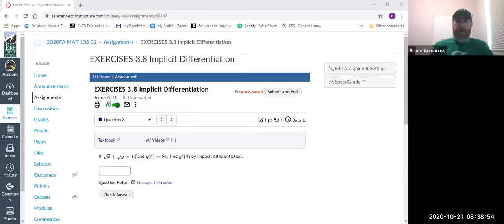All right, so let's go to a whiteboard. So we've got square root of x. Whoa, what was that? It doesn't look much like a square root. Let's try that again. Square root of x plus the square root of y equals 11.